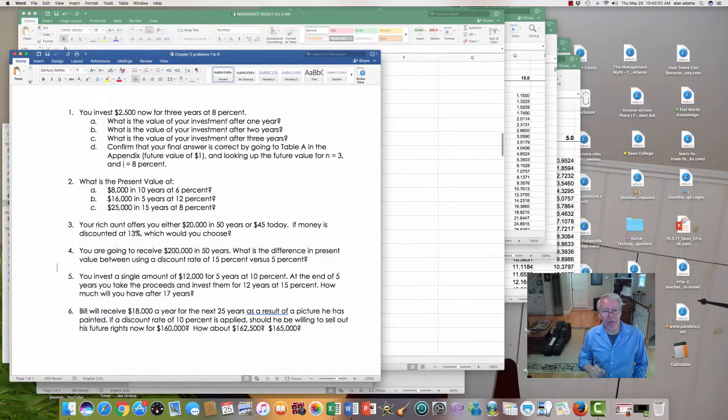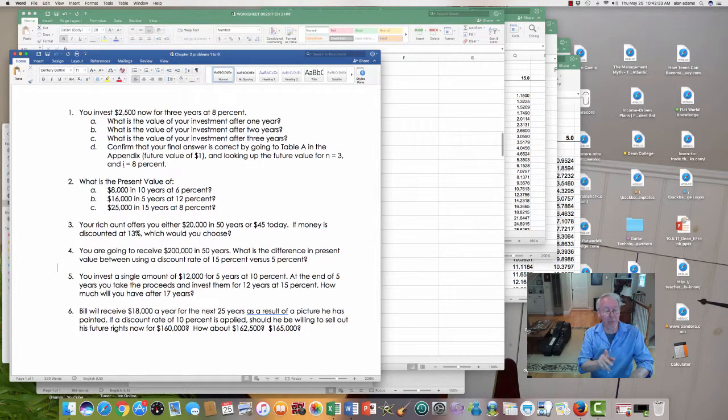So in order for Bill to decide whether he's making a good decision or not, he's going to have to discount his $18,000 a year for the next 25 years. This is just like any other present value calculation we've done with one exception. This is an annuity. It's not 18,000 once, it's 18,000 every single year. He has to discount all those payments, 25 of them, to today.